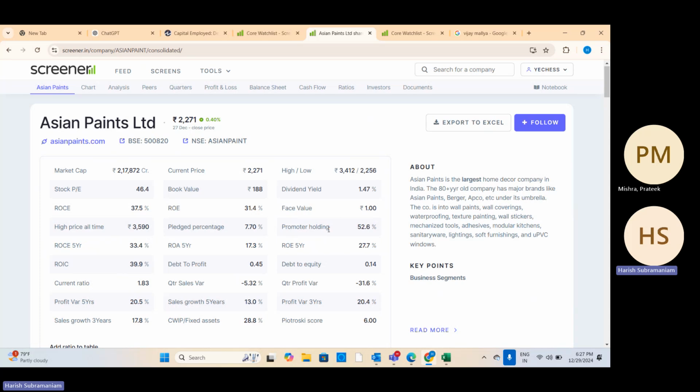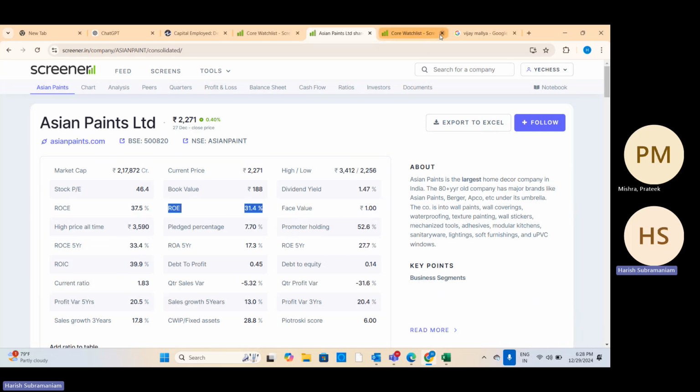Then what is the return that I'm getting on that 100 crores? Am I getting 10 crore, 20 crore, 30 crore? Return on equity calculates, given that a certain amount of money has gone into a company, what returns they are able to generate. This is the return on equity, and typically above 15% is a good number.